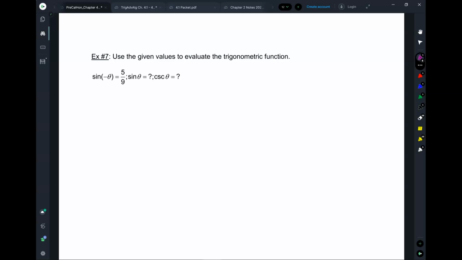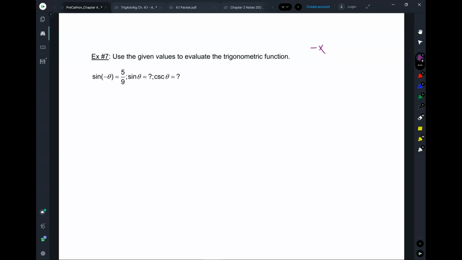So first of all, we established that negative something doesn't necessarily mean that it's going to end up as negative, right? If I have negative x, depending on what x is, this could have a positive or a negative result. Same with theta. When you put negative in front of something, all you're saying is change the sign.